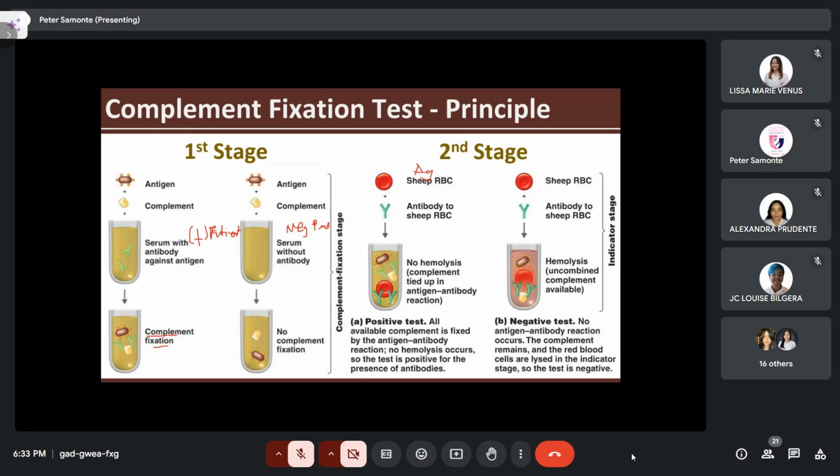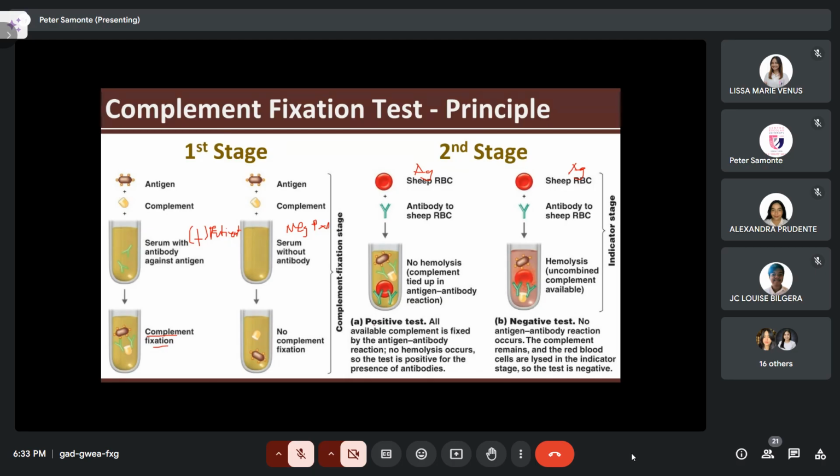So hindi makapag-activate yung complement ninyo because it's already fixed towards the antigen-antibody. Now, another example, ito naman negative result naman siya. Here you would have your antigen, sheep RBC, then you add your antibody to sheep RBC. Hemolysis would occur, class, because of uncombined complement available.